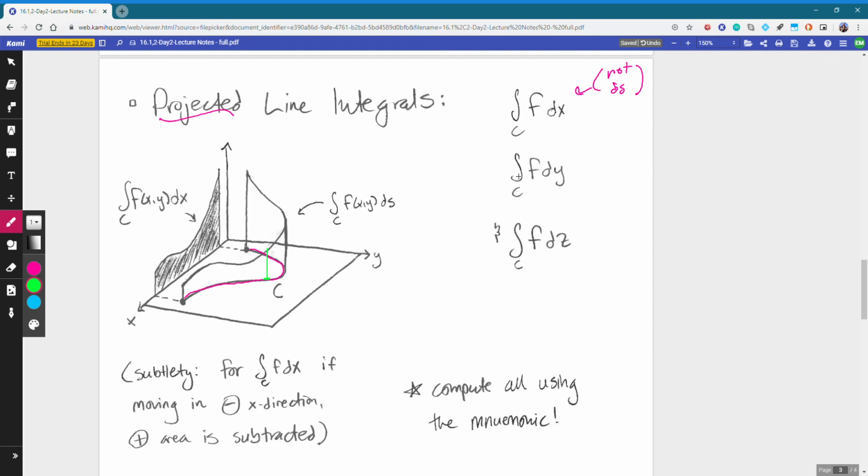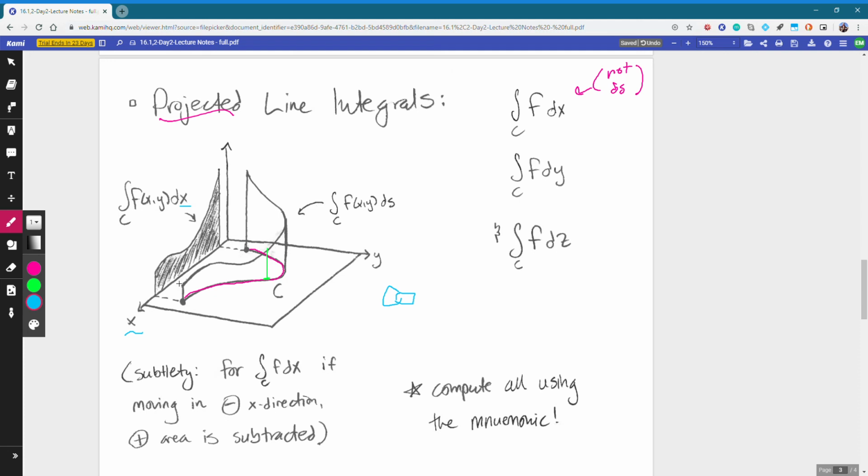Now these projected line integrals take this ribbon and somehow look at the shadow that it casts. If we project it, say, in this case for dx, onto the x-axis, if you can imagine standing over here and shining a flashlight on our ribbon, this would be the shadow that it casts.